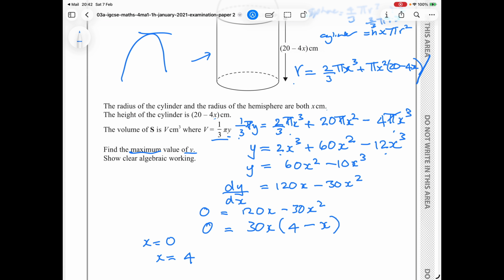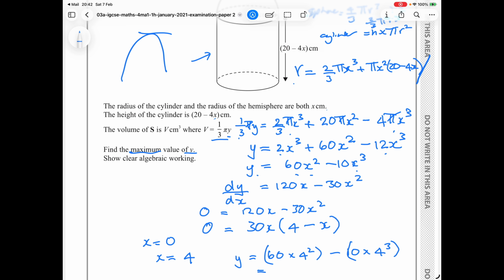Now, in order to find the highest value of y, we're going to put 4 back in. So y equals 60 times 4 squared minus 10 times 4 cubed.